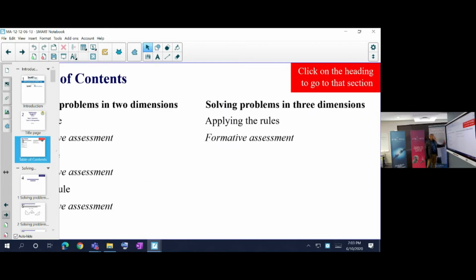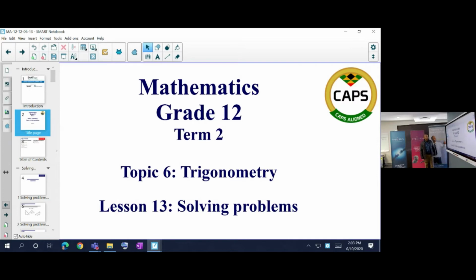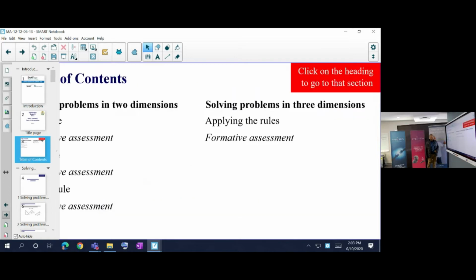Okay, so today we are going to be looking into the topic of trigonometry, which is a term 2 topic. And remember, we have done trigonometry in other different grades and also terms. This particular one will be the 2-dimensional trigonometry, where we'll be looking at various aspects.